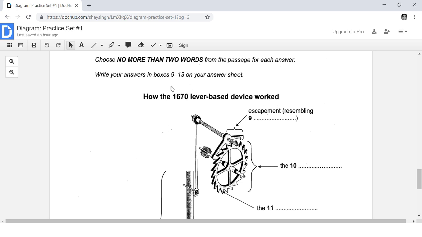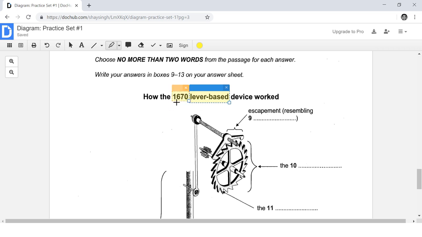So right away in the title, I see that we have an excellent keyword. We have a number here, 1670. That is going to be very easy for us to find. I also see lever-based. That one I'm not so sure about, but 1670 is definitely a good keyword.